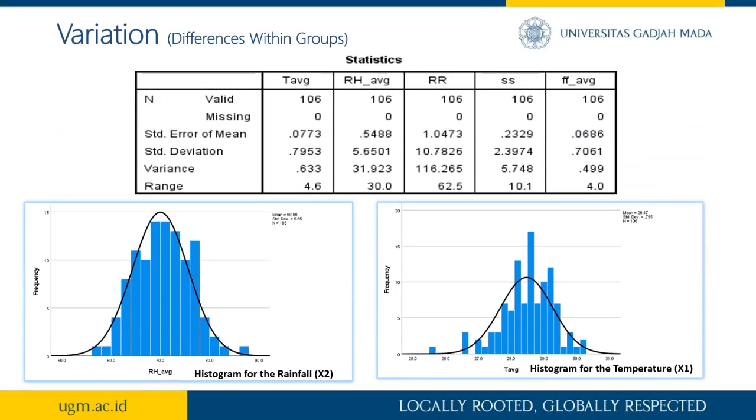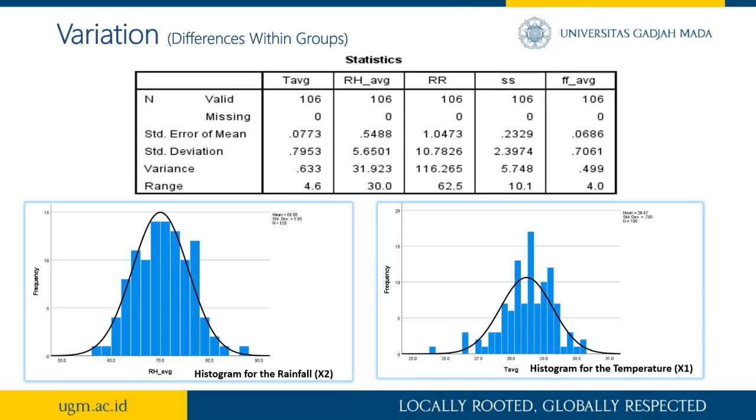humidity. The second part, as the variation that I talked about before, is about the difference within the group, rather than for the whole data, but within one section of it. So we have the standard error of the mean, the standard deviation, variance, and the range. So for example, here we have the histogram for the rainfall.